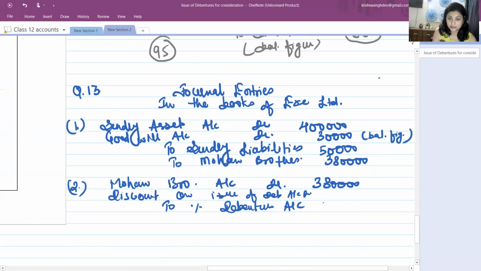How did this figure come? This is 4,222 multiplied by 100.